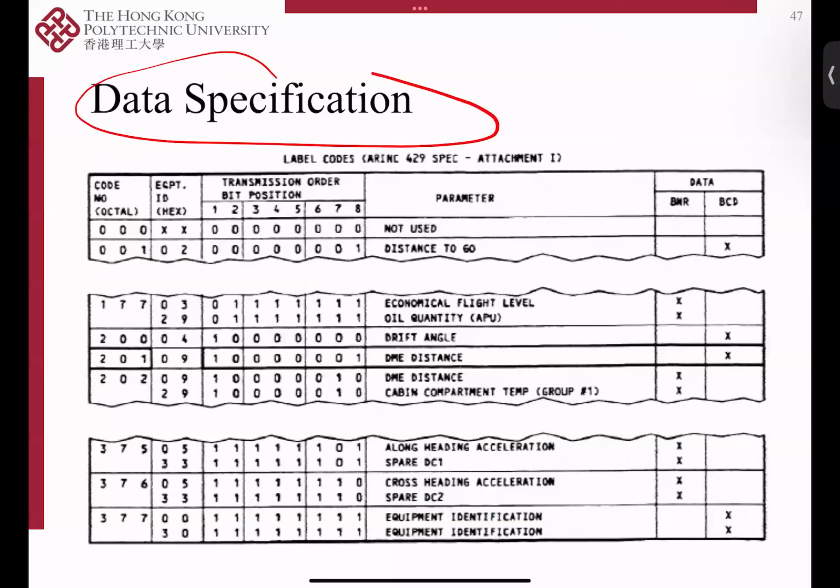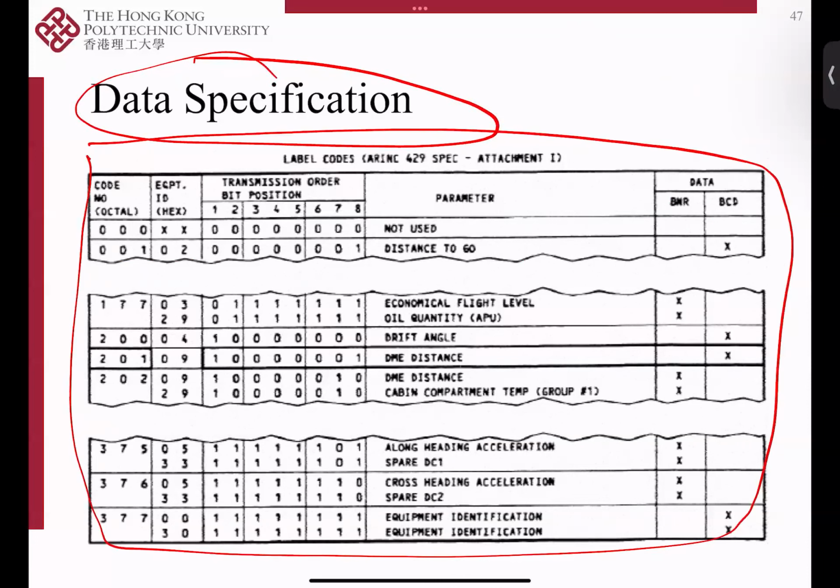So here, what you usually have is a data specification. What you need to read in this table is the correspondence between different parameters and the corresponding label codes. For example, if your code looks like this, then those in the data boxes are related to the oil quantity, and they are using this code.